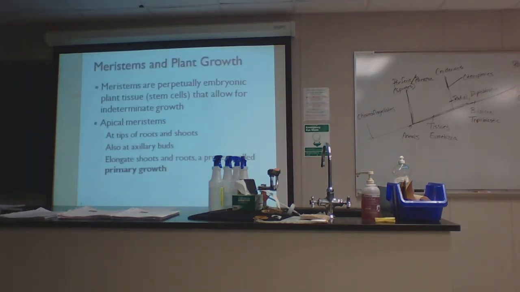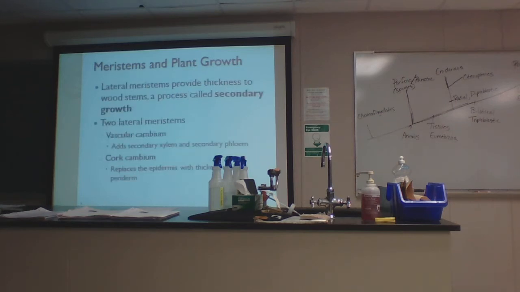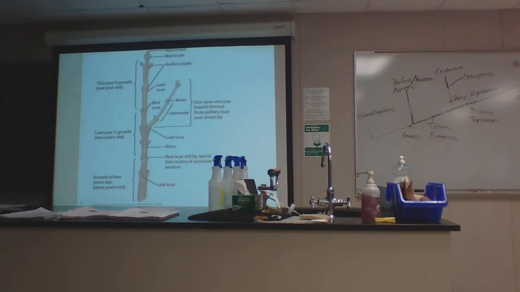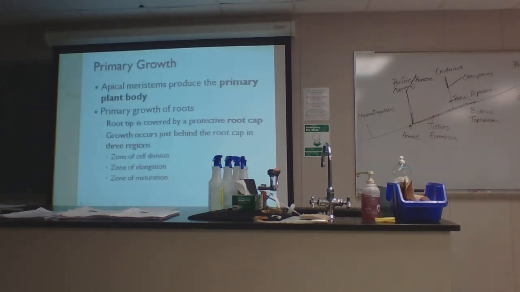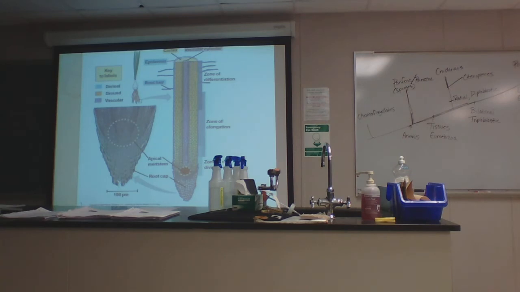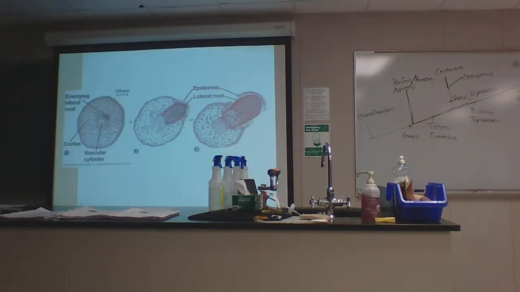Okay, and then the meristems are where the plants grow. You've got apical meristems that produce primary growth, and lateral meristems that produce secondary growth. So there's how primary growth works, there's how secondary growth works. So roots grow, and how side roots grow.